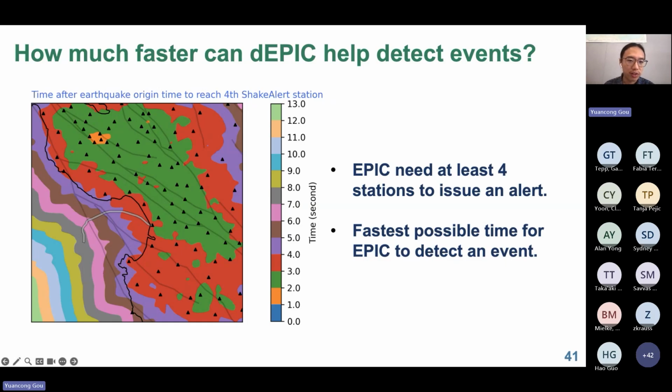Sorry for this default Python color map, but it's showing, at each grid point on the map, the time for the P wave of an earthquake happening there to reach the 4 ShakeAlert stations, because EPIC needs at least 4 stations to issue an alert. Here we don't consider any latency or processing time, so this is the fastest possible time for EPIC to detect an event.